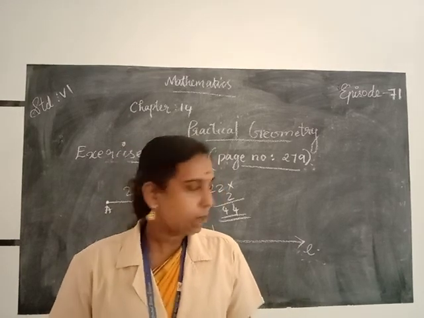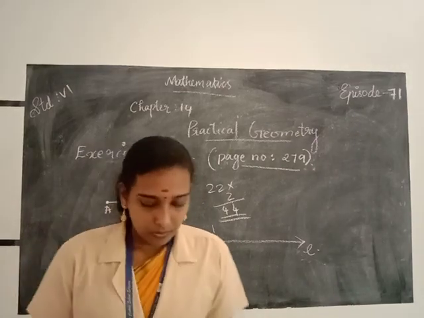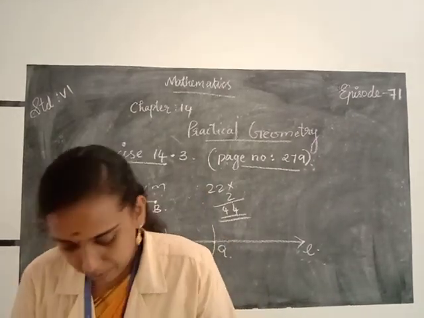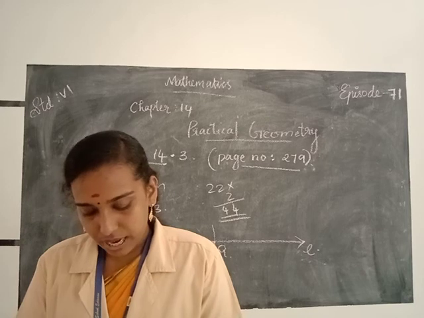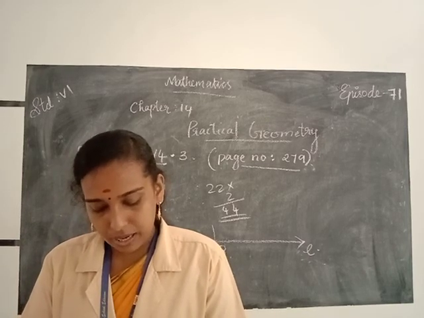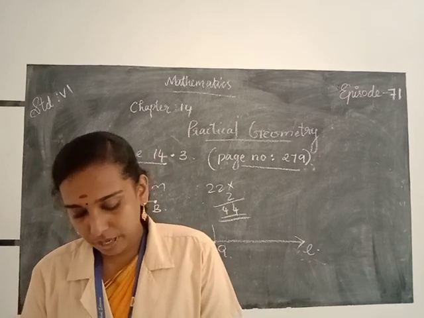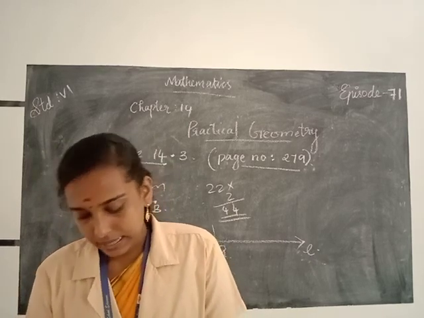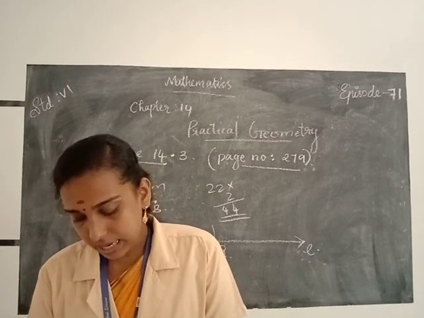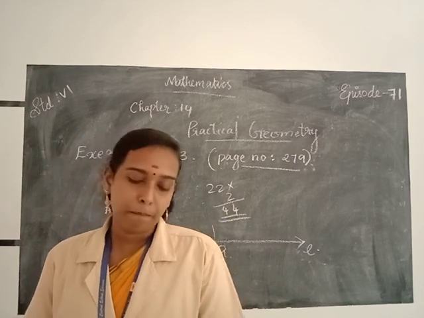So our exercise 14.3 is over. And the next portion, perpendicular to a line through a point on it and perpendicular to a line through a point not on it, and exercises 14.4, 14.5 and 14.6 we will discuss in the next class.